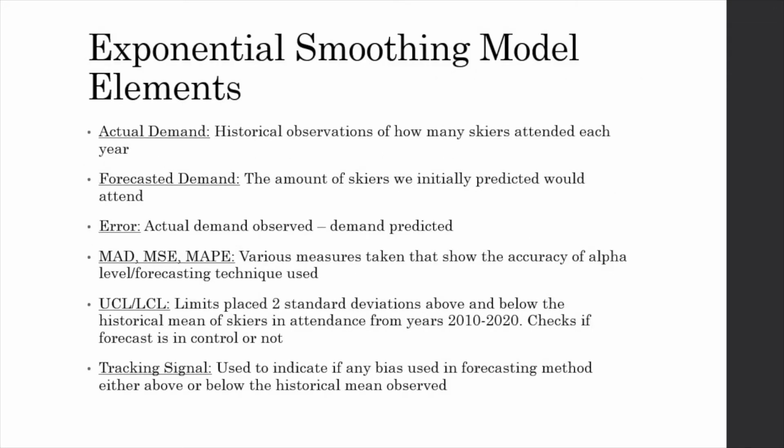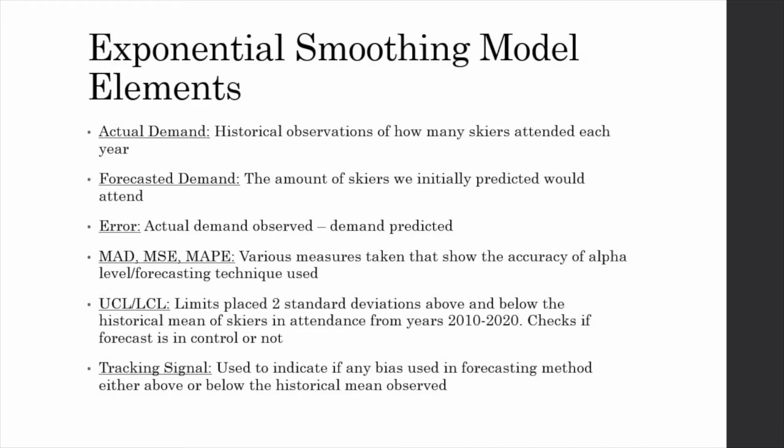Exponential smoothing model elements. Some of the main elements we used in our calculations were firstly the actual demand, which is the historical observations of how many skiers attend our resort each year, comparative to the forecasted demand, which is the amount of skiers we initially predicted would attend versus the actual number that attend.